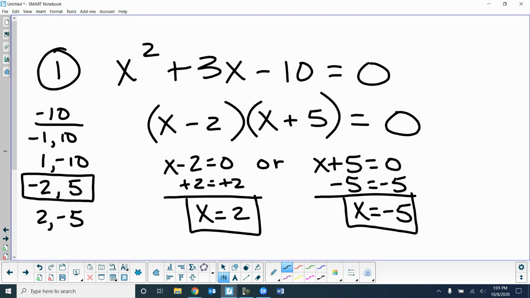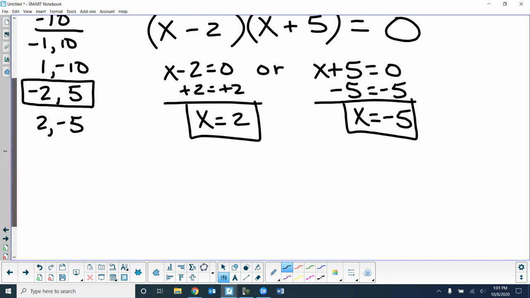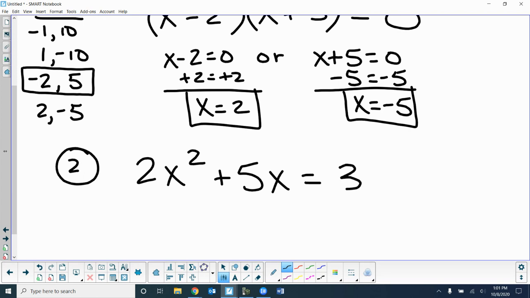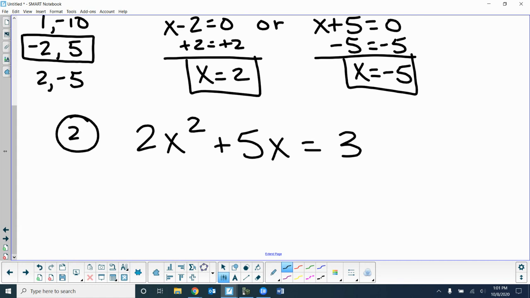Okay, number 2 is a little bit more work. It's not that much tougher. It just takes a little bit more time because our A value is not 1 this time. Also, it's not equal to 0 first, right? So the first step would be to subtract the 3, so it's equal to 0.